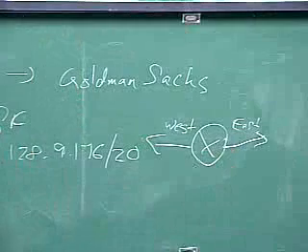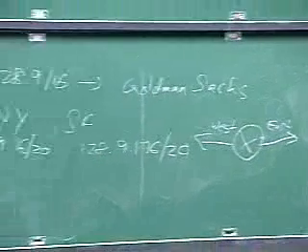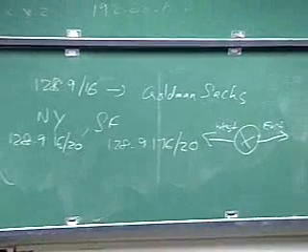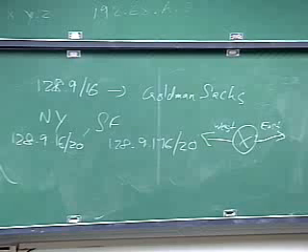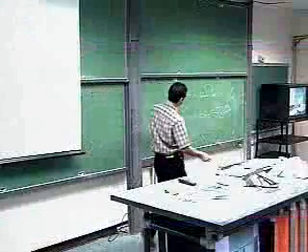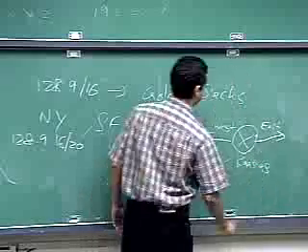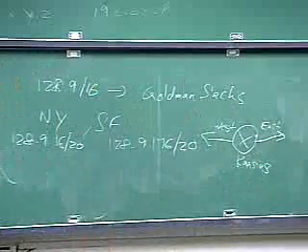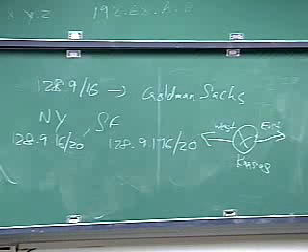Isn't it possible that the router may only have 128.9/16 in its table? Well, then that means it has only one route to Goldman Sachs. So this is a router in, let's say, Kansas. What about a router in Australia or Japan?